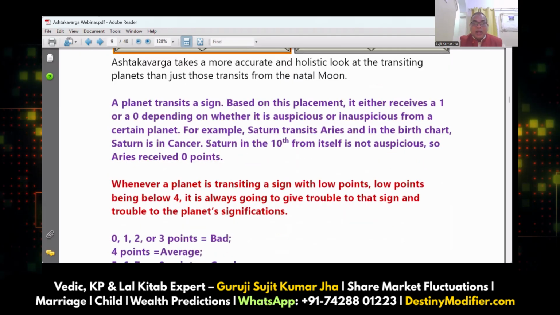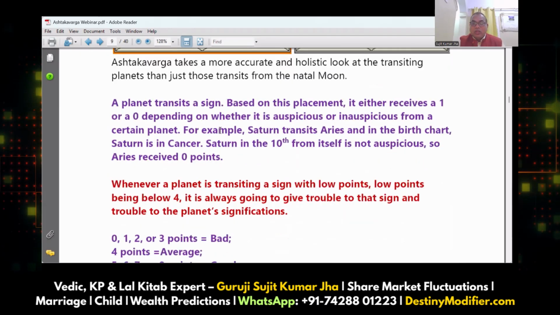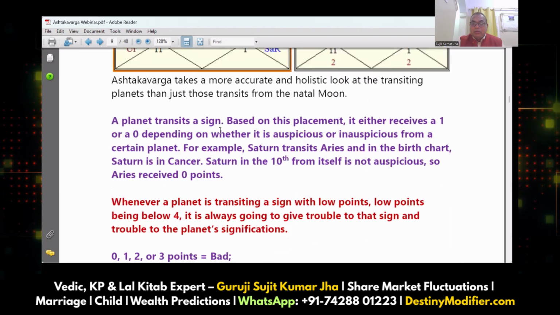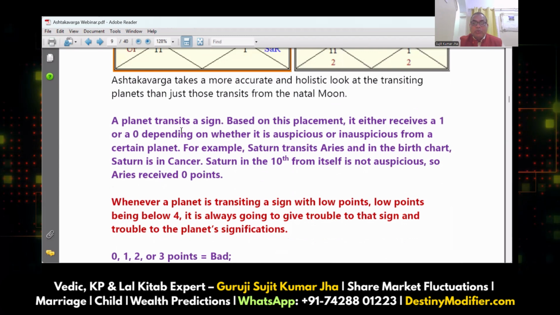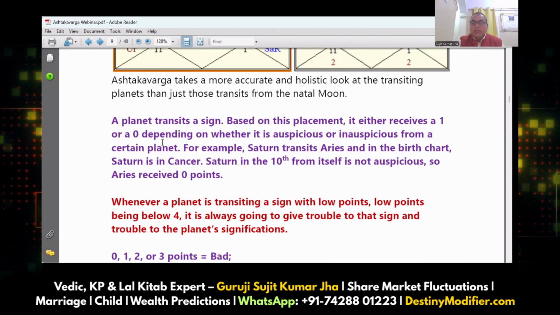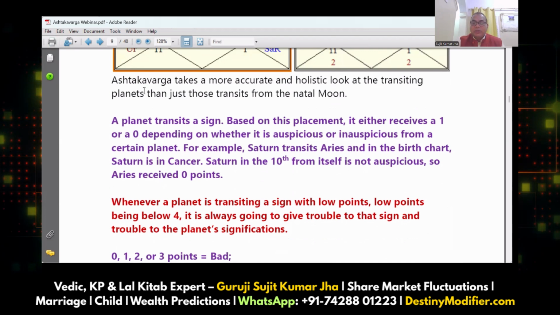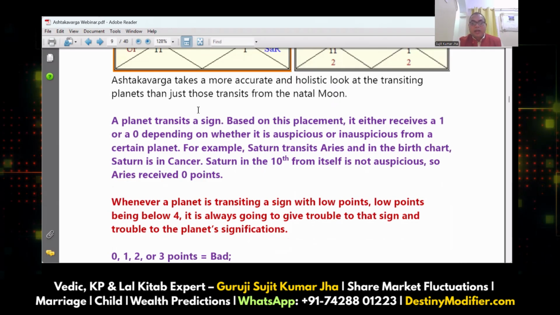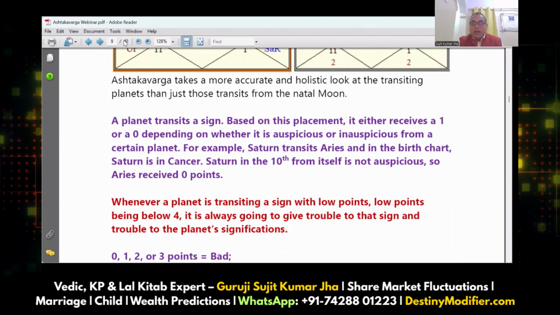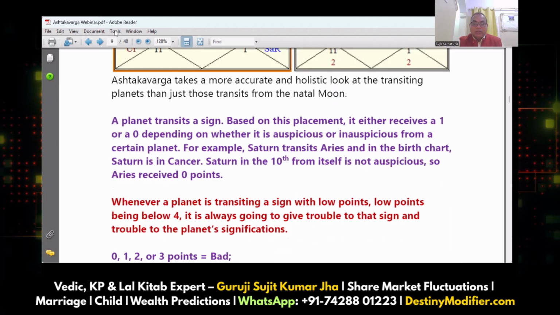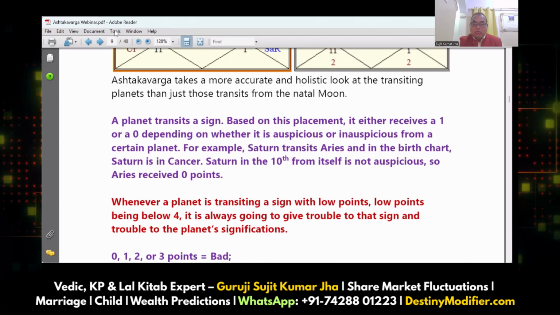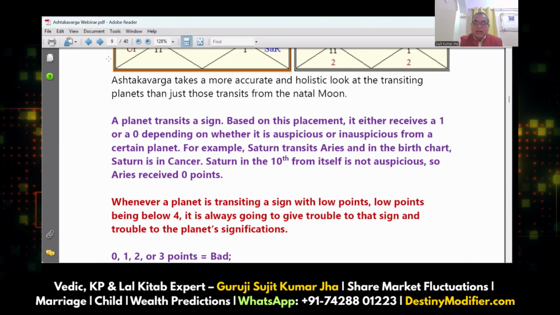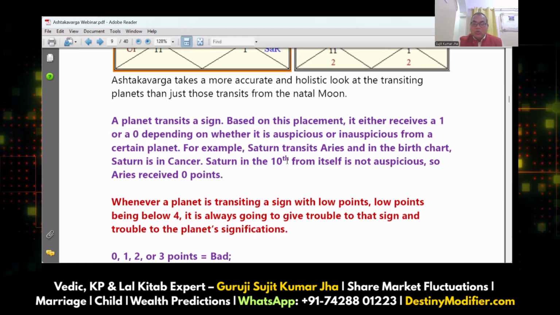A planet transits a sign and, based on the placement, receives 1 or 0, depending on whether it is auspicious or inauspicious from a certain planet. Example: Saturn transits Aries sign, and in the birth chart Saturn is in Cancer sign. So from Cancer, Saturn is transiting the 10th house.